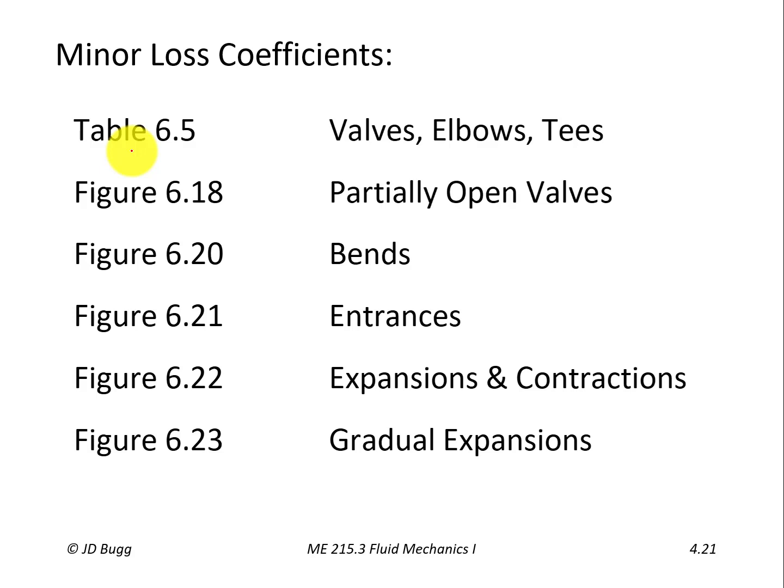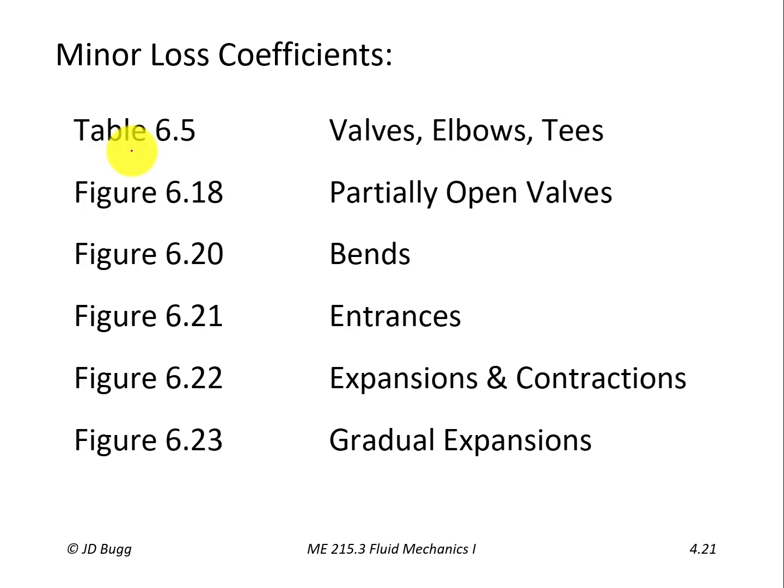You would pump fluid through your new valve, you would measure the pressure drop, and you would calculate what the minor loss coefficient is, and then you'd put that number in the technical data so that somebody that purchases that particular valve or fitting knows what the losses are going to be when they pump fluid through it. So that's where minor loss coefficient information comes from. It's experimentally determined.